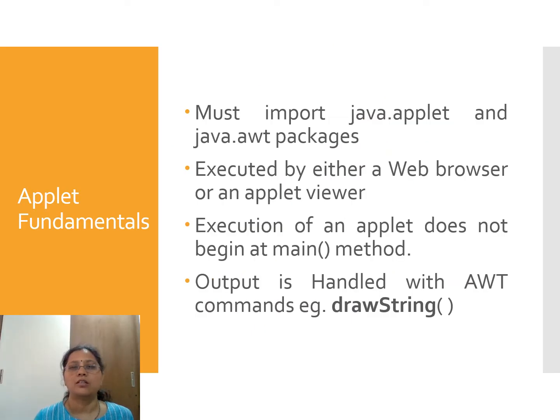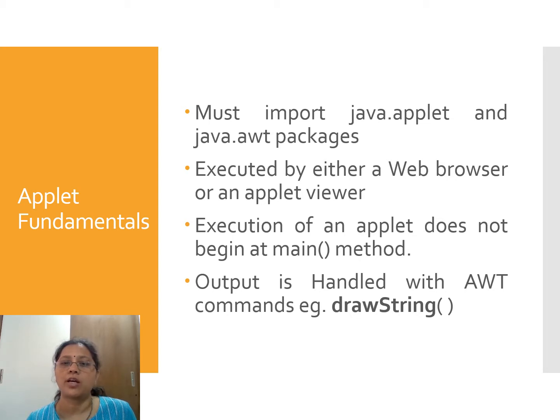So let us see actually what is applet and how it works. Before discussing working of an applet, here are some fundamentals. Whenever we use an applet, we must import two packages. One is applet package and second is AWT package. Now what is AWT?